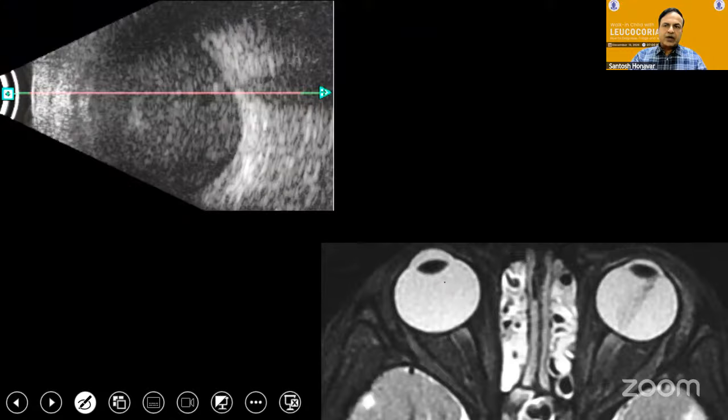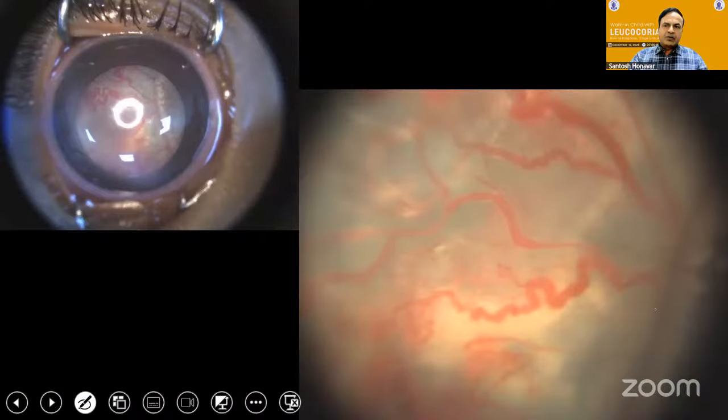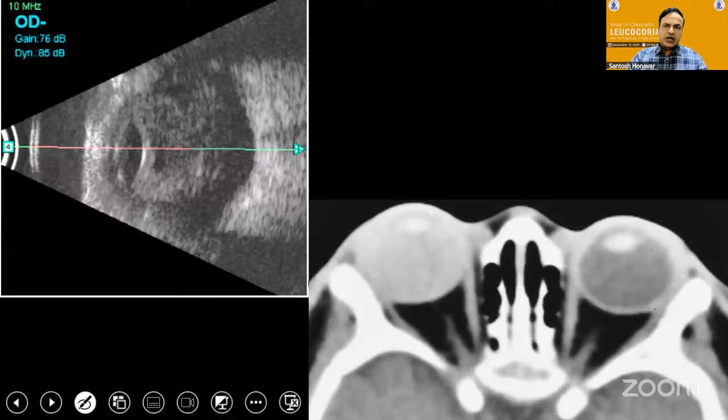You may find hyperreflectivity, echogenicity in the vitreous cavity. On MRI, it is somewhat differentiable, but this particular patient did not have the typical MRI appearance of Coats disease. This is one more patient where there is hazy media, but we were able to capture pictures, and that is very typical Coats disease. And that's how the B scan looked, very highly echogenic.